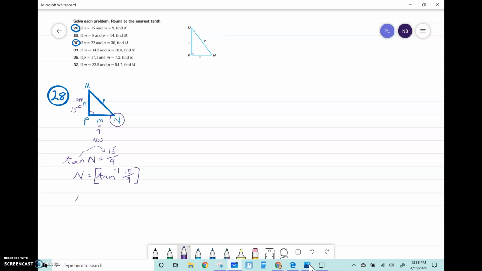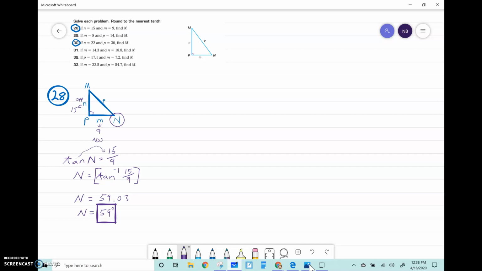So in my calculator, I'm typing angle N equals, hitting the second button and tangent to turn it into tangent -1, and then typing 15 divided by 9, and I get 59.03. Our directions are to round to the nearest tenth, so we end up with N being 59 degrees.